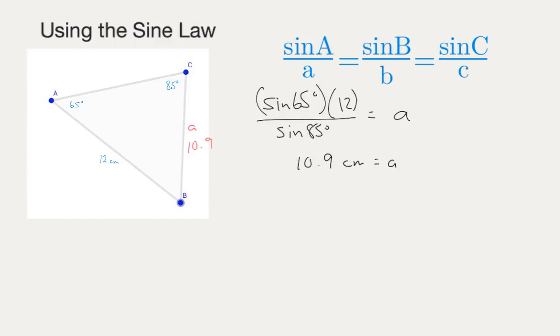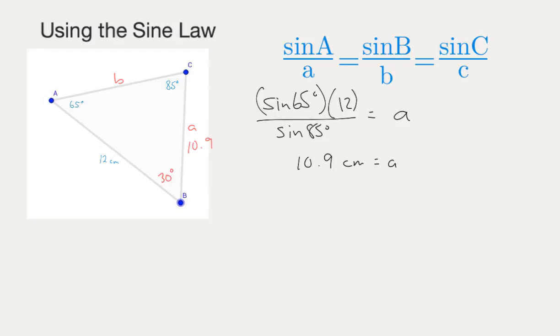Because we had two angles, we could have just as easily figured out side B. Given that angles in triangles always add up to 180 degrees, 65 and 85 make 150, so this must have been 30 degrees. So maybe for really quick practice, let's find side B. I always use the information that was originally given to me.